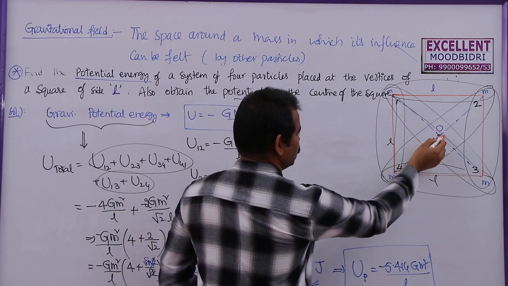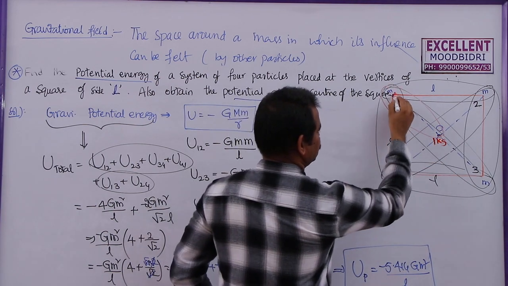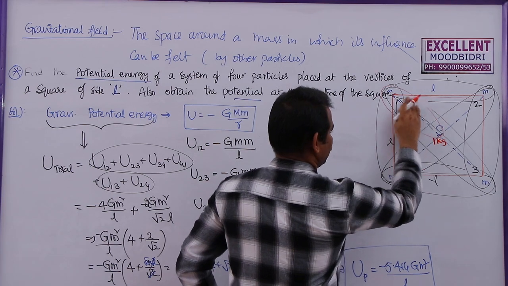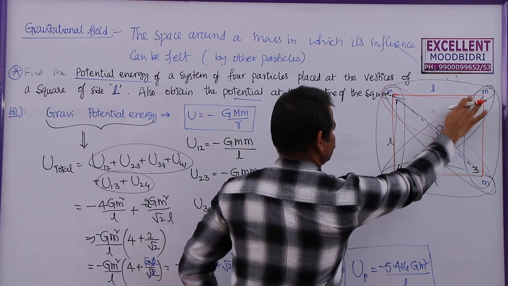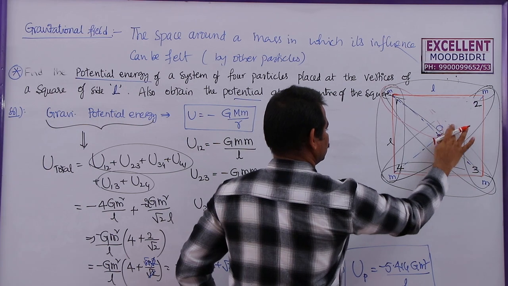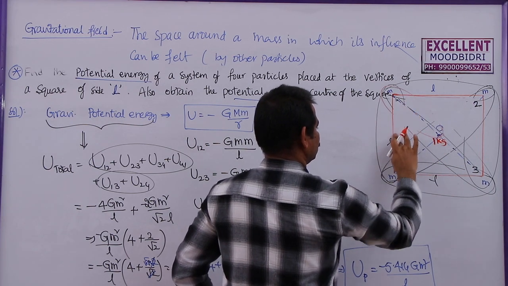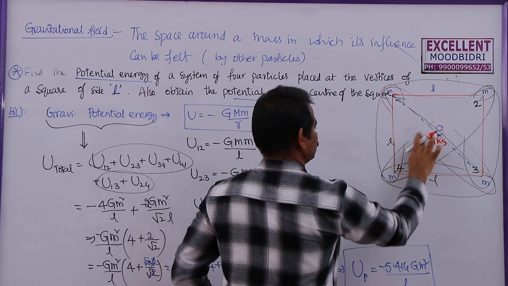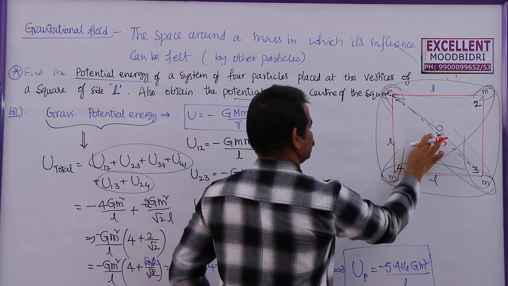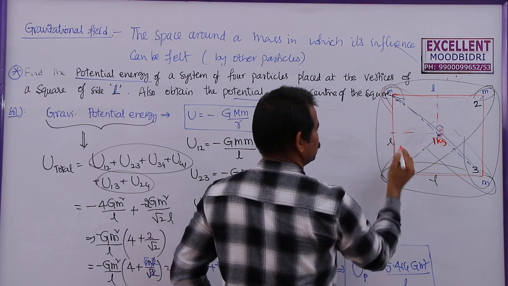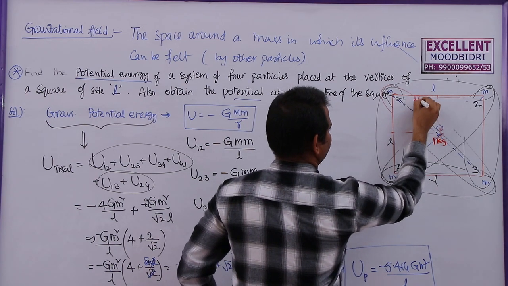So what is the potential energy of these two? Now this is L. If it is L, this will become L by 2.